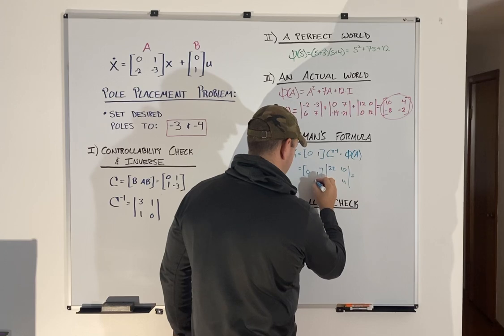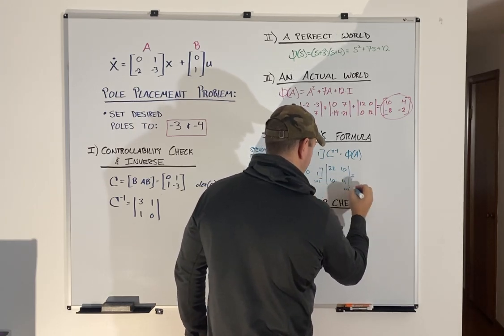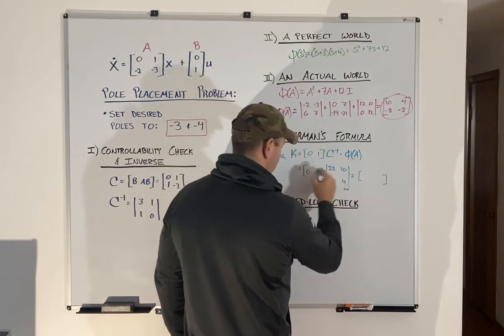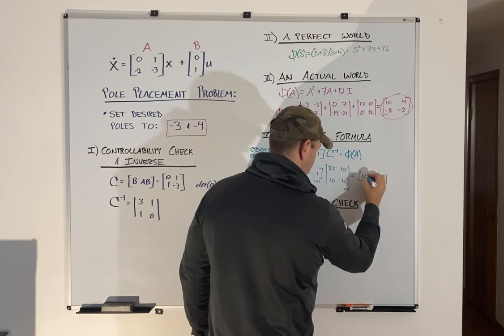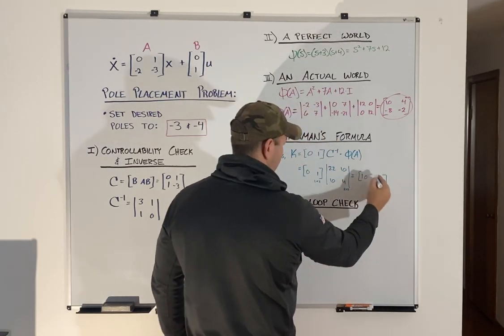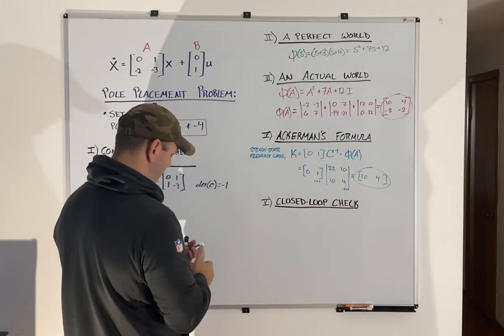This is 1 by 2, this is 2 by 2, and we're going to get 1 by 2: [0, 10] and [0, 4]. K is equal to [10, 4].